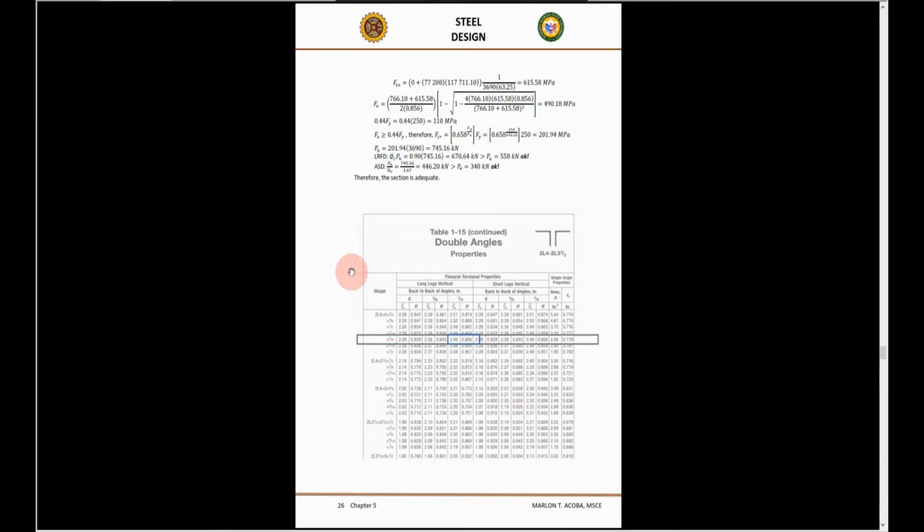So these are the properties of the section of 2 legs or double angle, 4 inches by 4 inches by 3/8. So the polar radius of gyration is 2.49 and the flexural constant is 0.856. Yan.